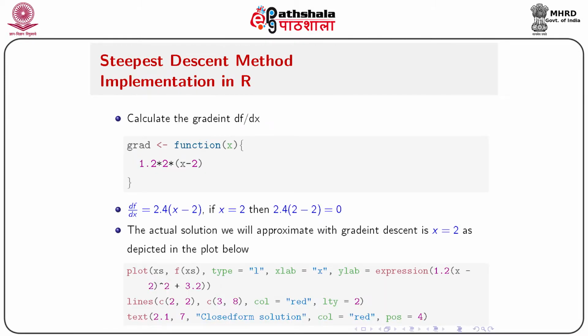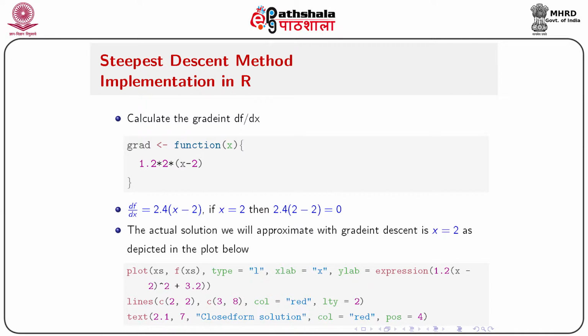For the steepest descent method, we calculate the gradient df by dx. The gradient of the function that I defined is 1.2 into 2 into (x minus 2). In the same way we will define a function in R called grad, and the argument that we are passing is x. So 1.2 into 2 into (x minus 2).